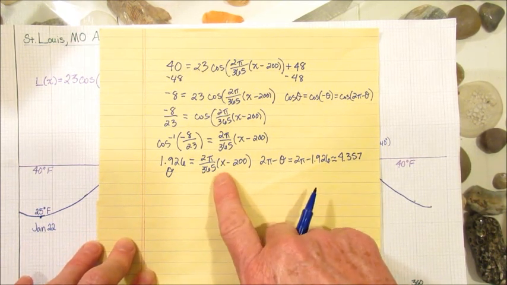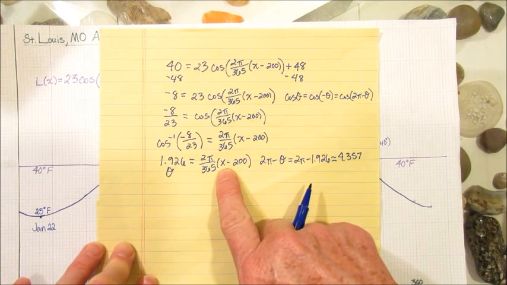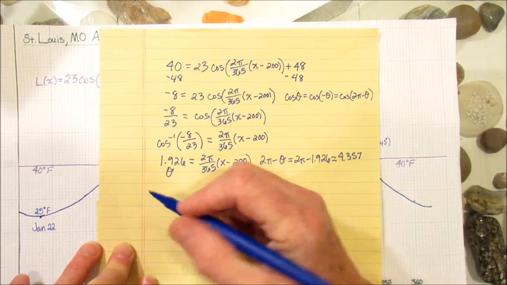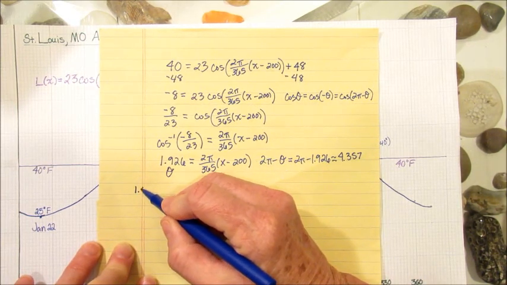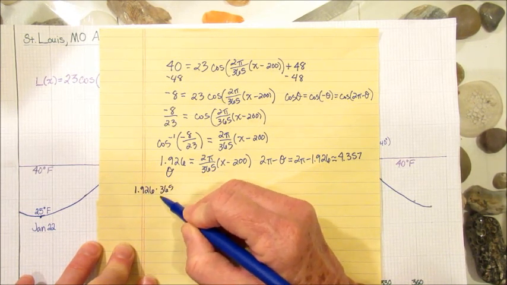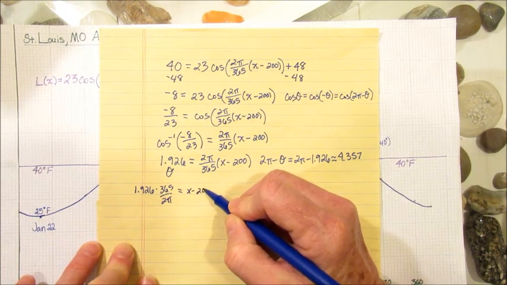Okay, so both of these values are equal to what was inside the cosine. I'm still trying to solve for x, so keep undoing the order of operations. I need to undo this multiplying, so I'm going to take the 1.926 and multiply by 365 over 2 pi, and that will equal x minus 200.